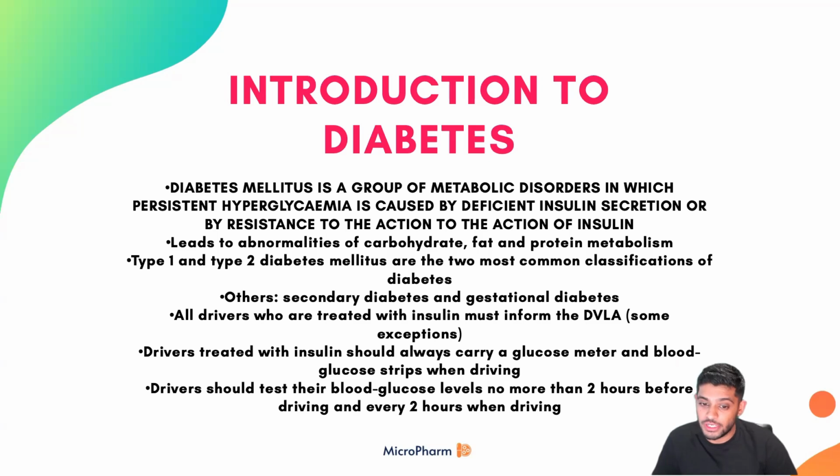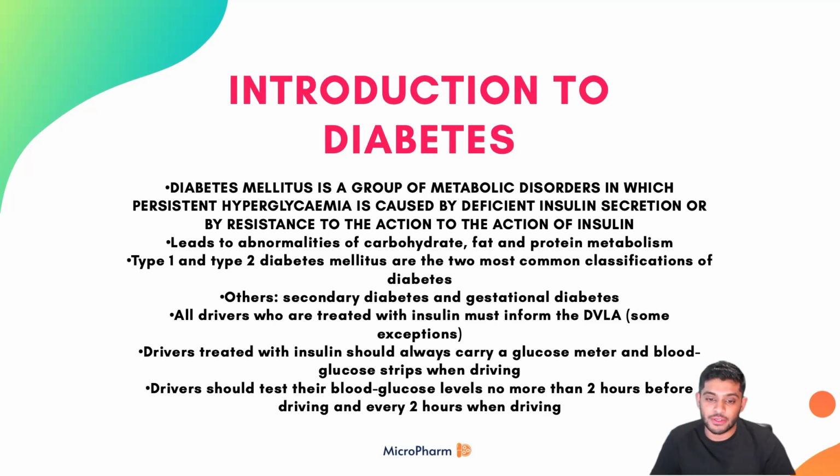All drivers who are treated with insulin must inform the DVLA. So when I say all drivers that are treated with insulin, am I relating this to patients with type 1 diabetes only, or type 1 and type 2 diabetes? Both, absolutely.